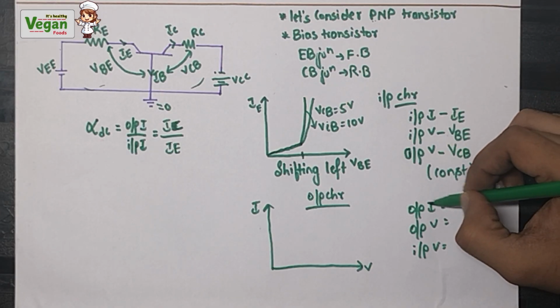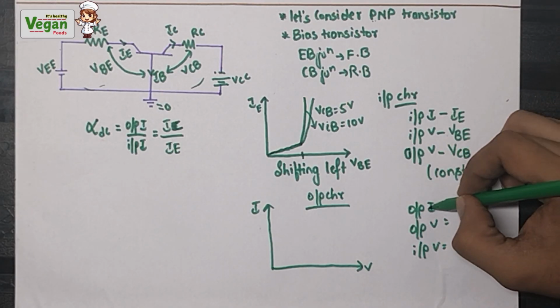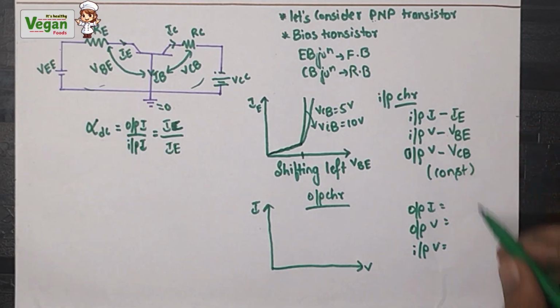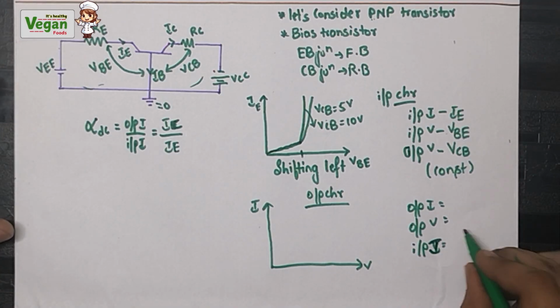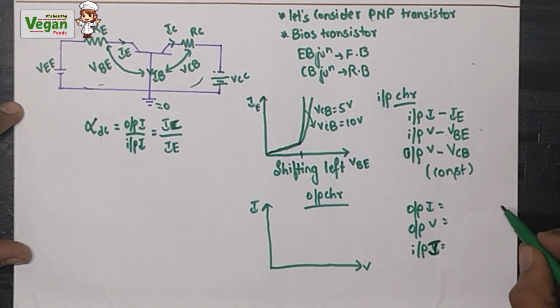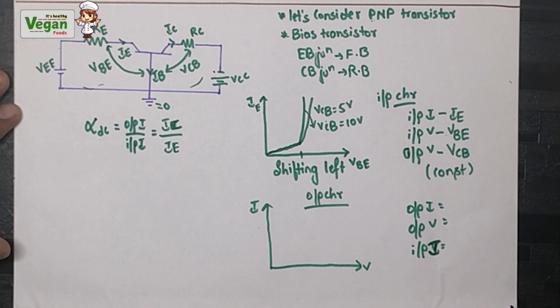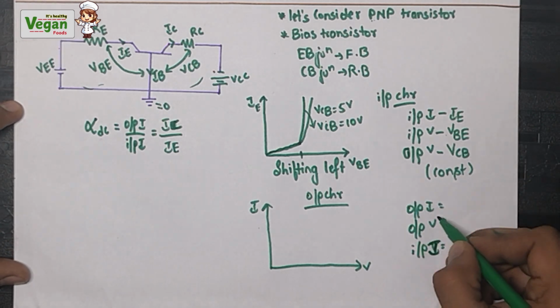Here in the output characteristics, we will take output current, output voltage and input current, and we will make the input current constant, because we are plotting the graph for output characteristics.